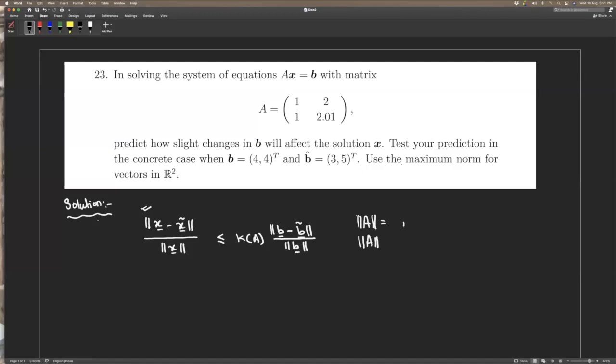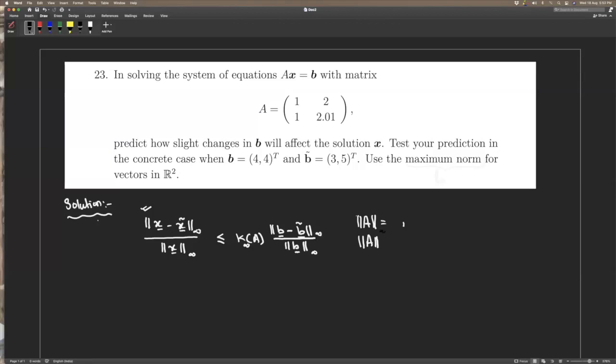In particular, in this problem, we are asked to use the maximum norm, that is the L infinity norm. So we have to use the L infinity norm everywhere in our calculation. In the condition number also, it should be kappa infinity.